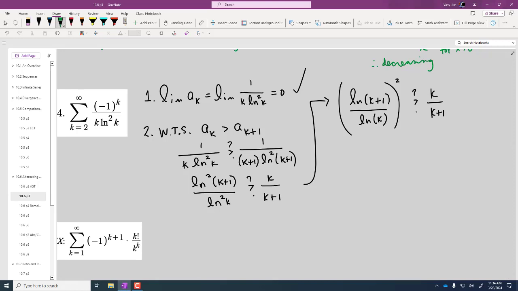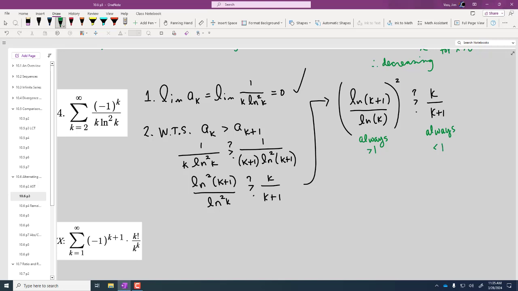Because natural log of k plus 1, this is an increasing function. The natural log function we know is increasing, looks like this. So if you pick a k and you pick a k plus 1, natural log of k plus 1 is bigger than natural log of k. So this side is always greater than 1, and this side is always less than 1.